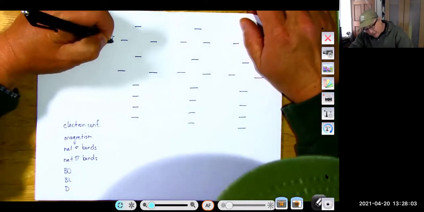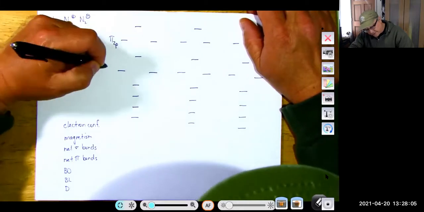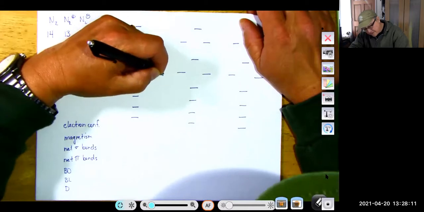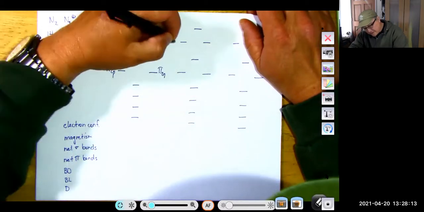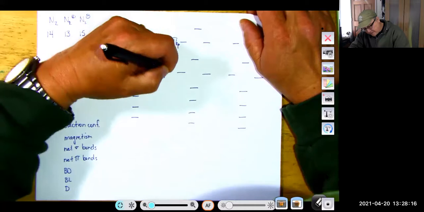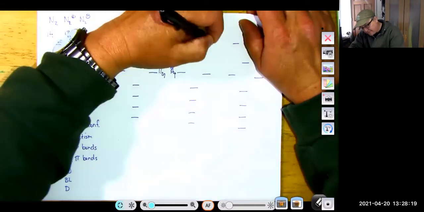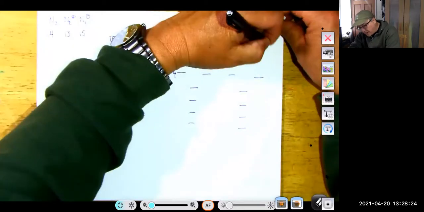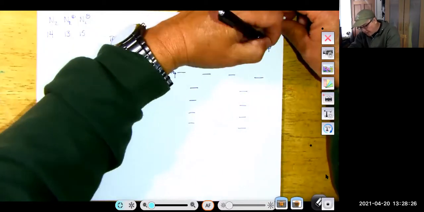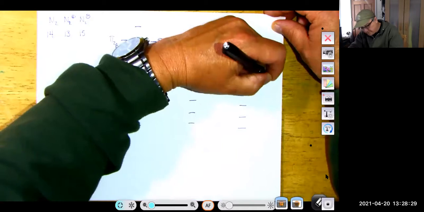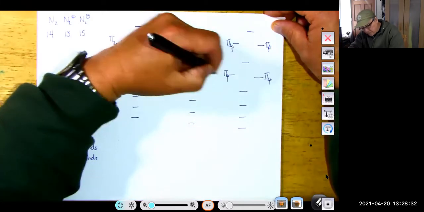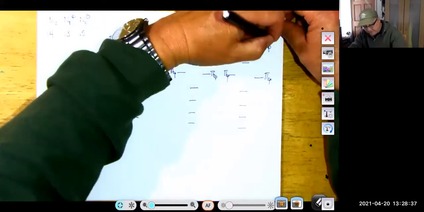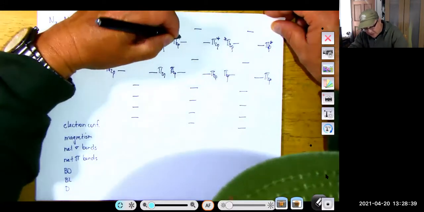Okay, now the outsides are pi 2p's. And for the pi 2p's, the one above is a 2p star, right? Yeah. So for every regular 2p, there's a 2p star. And the 2p star is called an antibonding.